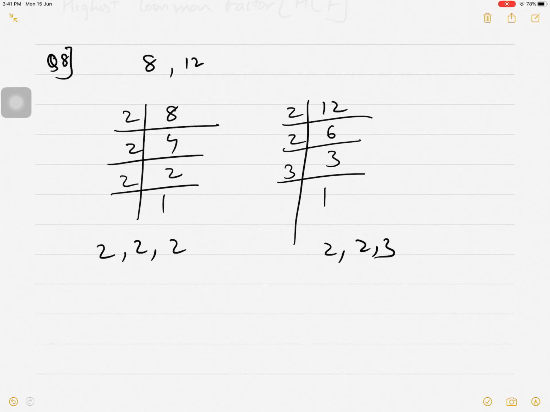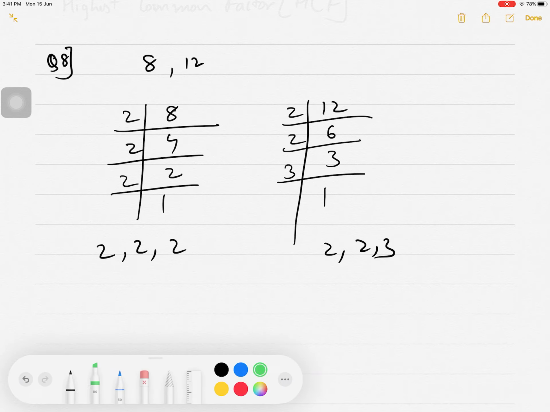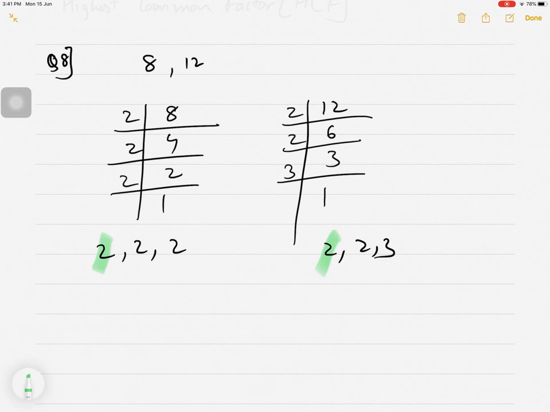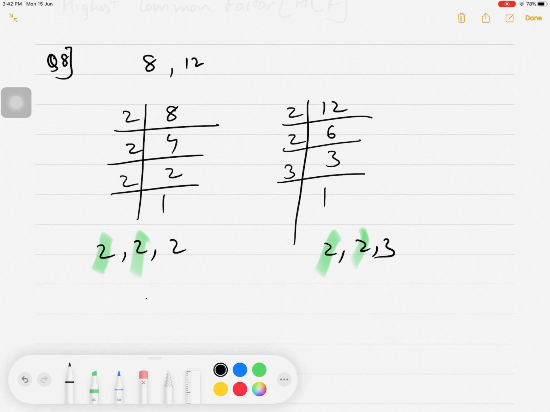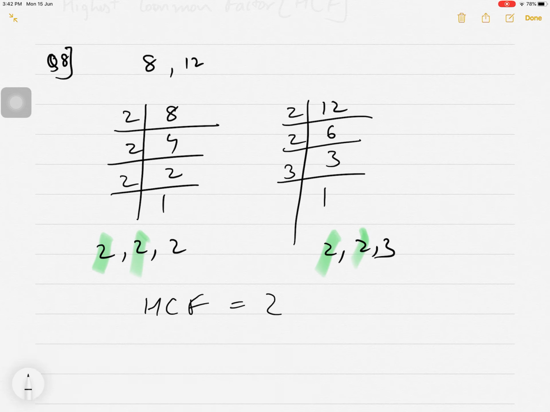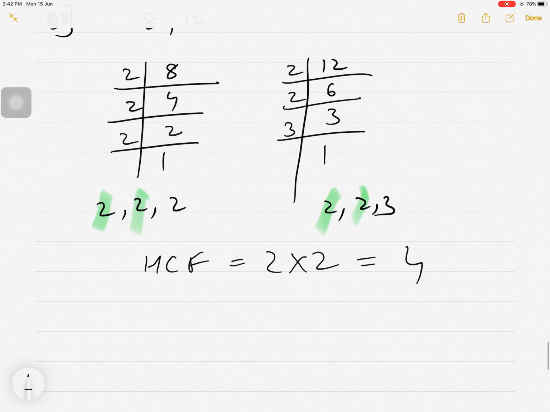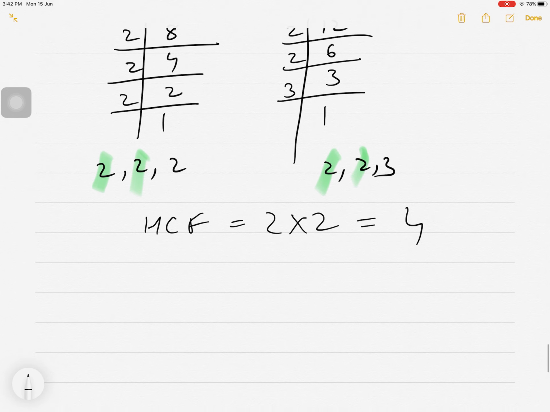The prime factors of 8 are 2, 2, 2, and prime factors of 12 are 2, 2 and 3. Okay. So let us mark the common factors. The common factors are 2 and 2, right? So the HCF would be 2 into 2, which is 4. Okay. Let's solve the next question.